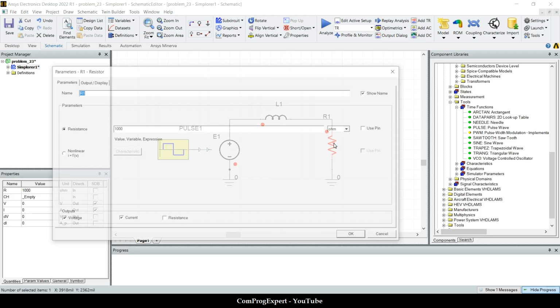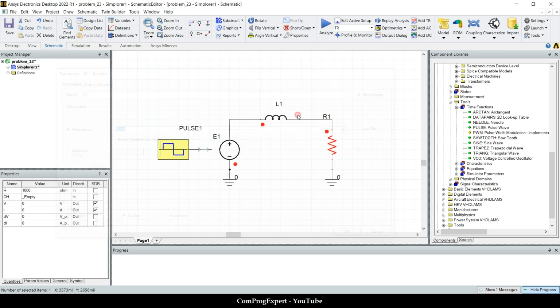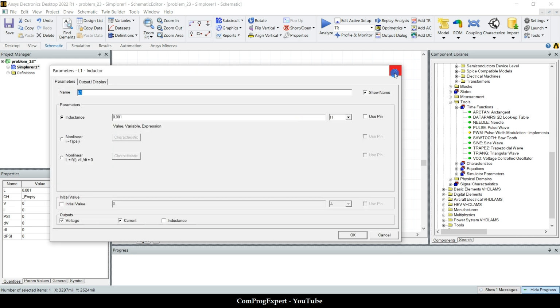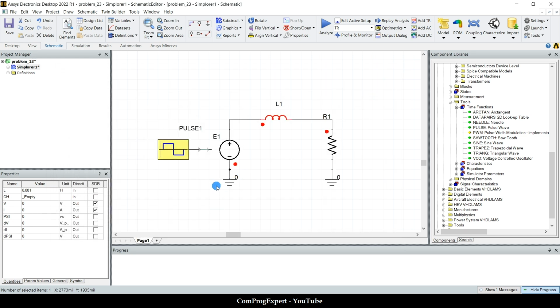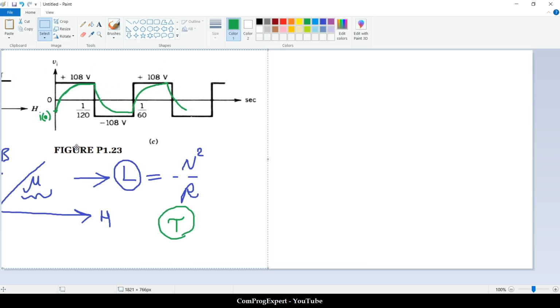Depending on the value of the resistor and inductor that we have here, we can determine the time constant. So what is the time constant for the RL circuit?